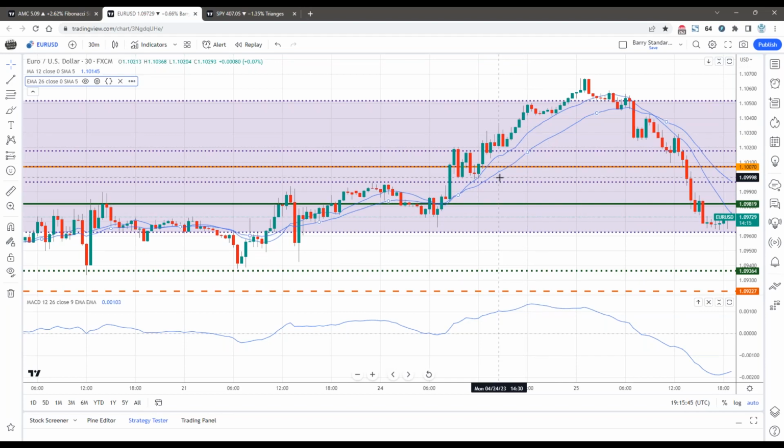The difference of these, which is the difference between you take the 12 period and subtract from it the 26 period, and that number gives us what's called the MACD line, which is charted down below in the blue. So this line down below is the difference between these two moving averages above. It's based on a center line of 0.